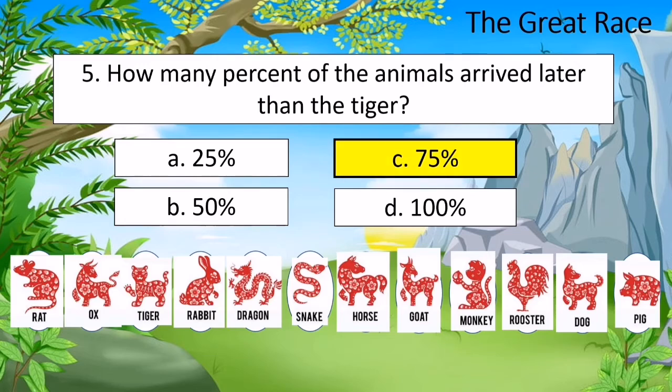That's it! It's letter C, 75%. Those animals belonging to 75% are the rabbit, dragon, snake, horse, goat, monkey, rooster, dog, and the pig.